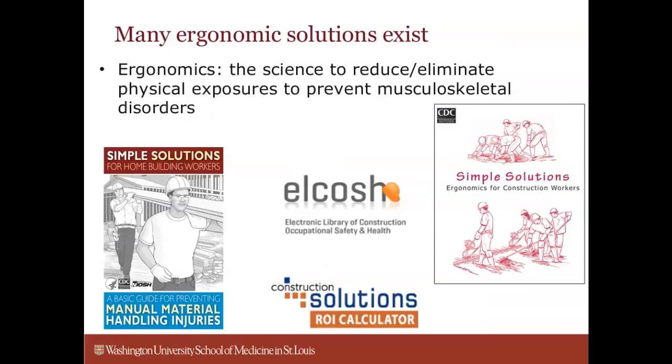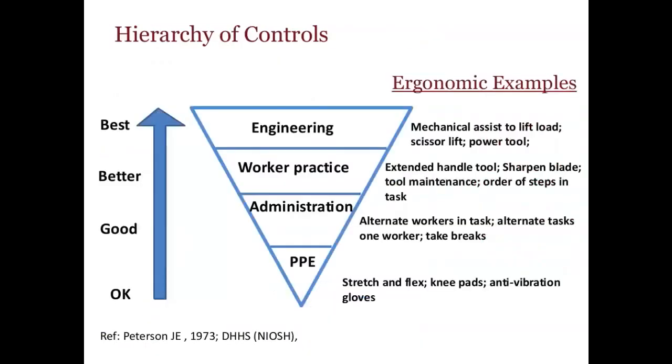But there have been many ideas published through CPWR and NIOSH and other sources, and these are just a few examples of them. Many equipment manufacturers and tool suppliers are also in the business of creating such solutions. So the question begs, why do we continue to see such a problem in the industry?